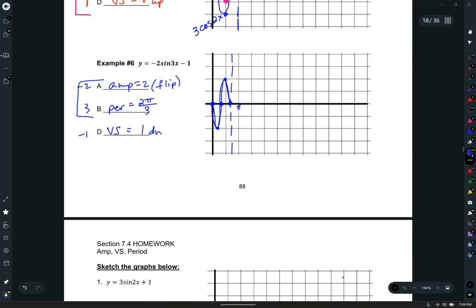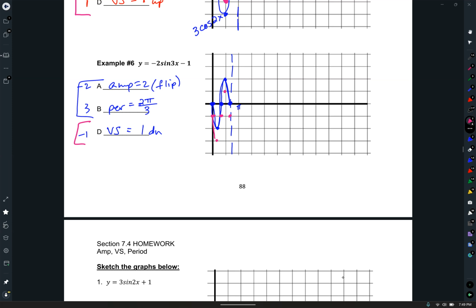And now I'll bring in the final graph that moves everything down 1. So all of those zeros are now down here. This minimum point moves down 1, and this maximum point moves down 1.